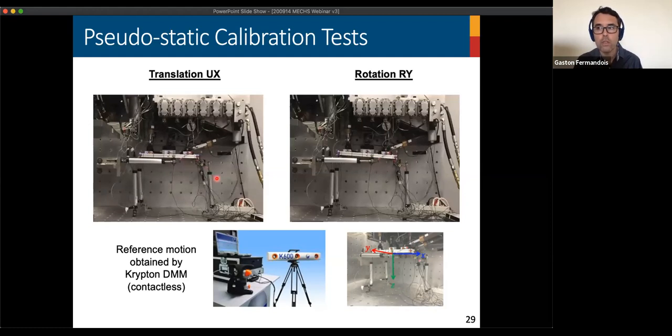In order to calibrate our external system, we use a contactless external sensing system, for instance a camera, and we can contrast the estimates of our external measuring system with the ones given by the cameras.